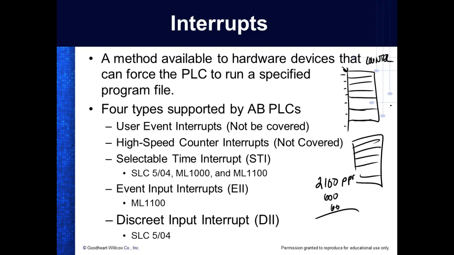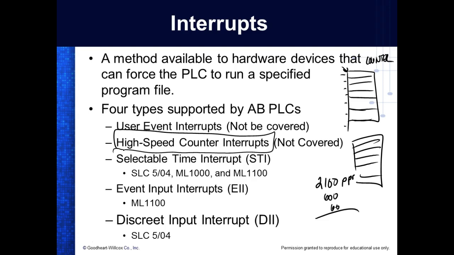One advantage hardware or hardwired digital circuits have over software digital logic is that hardware is always faster. So they started putting in hardware counters. These are actually integrated circuits inside the PLC CPU. These guys are really, really fast, right?